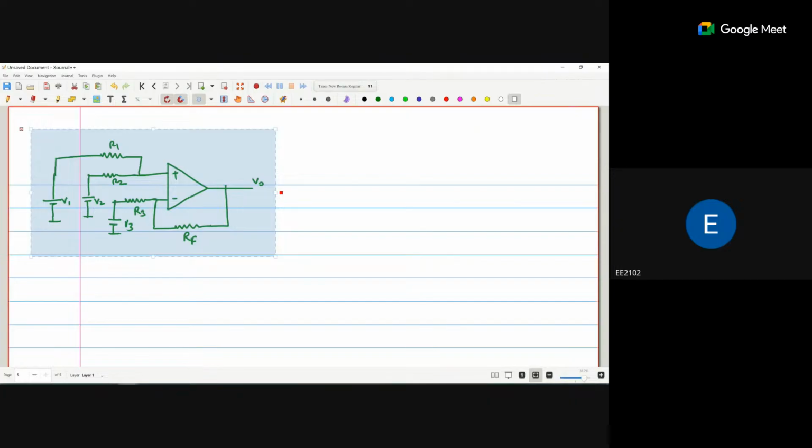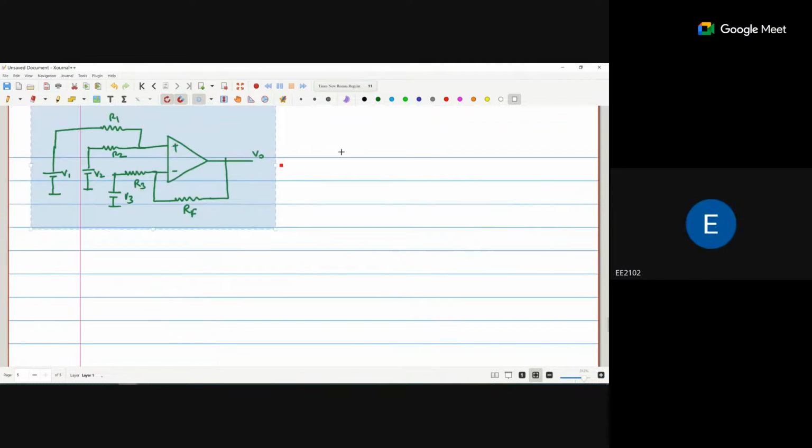Any doubt? Sir, can't solve that. Can't you solve it, or are you trying that one, or is there basically any issue in that?